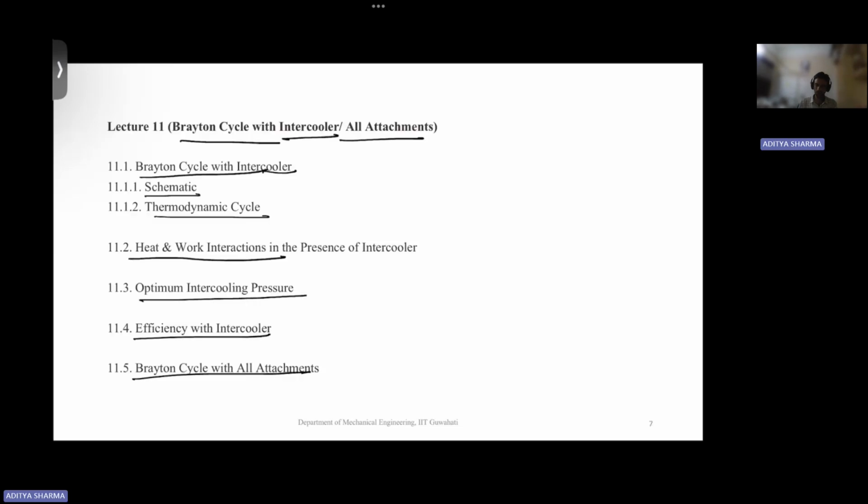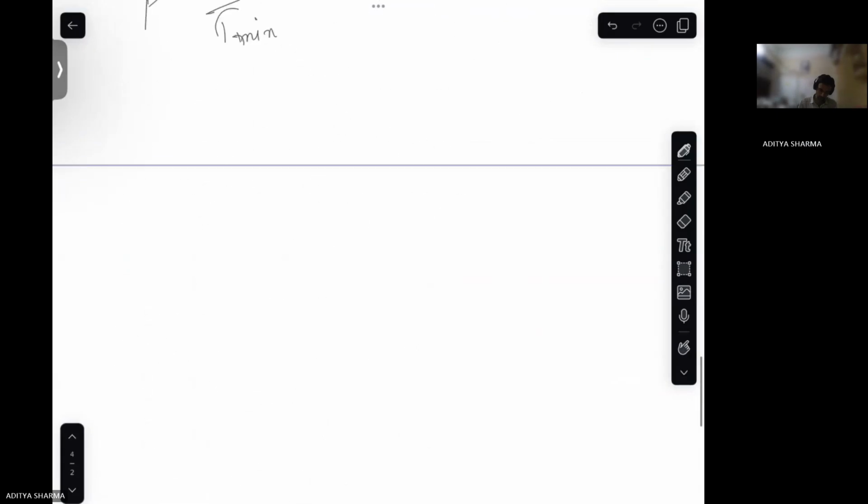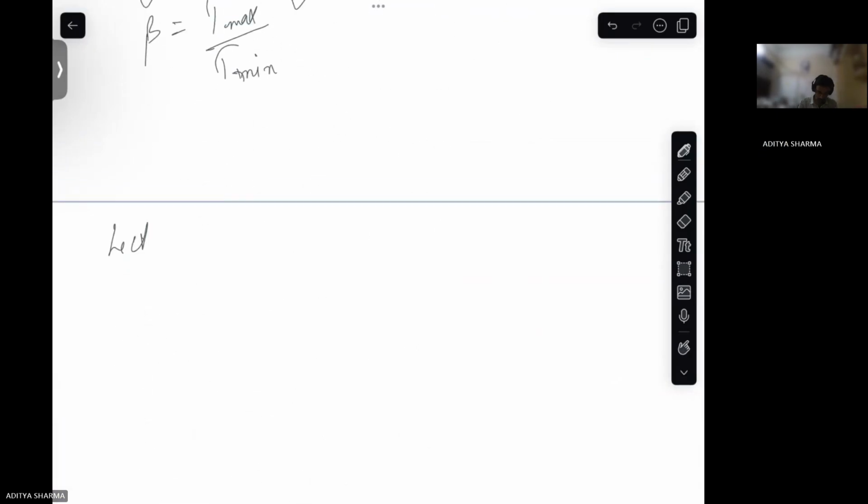So let's see Brayton cycle with intercooler first. So number 11.